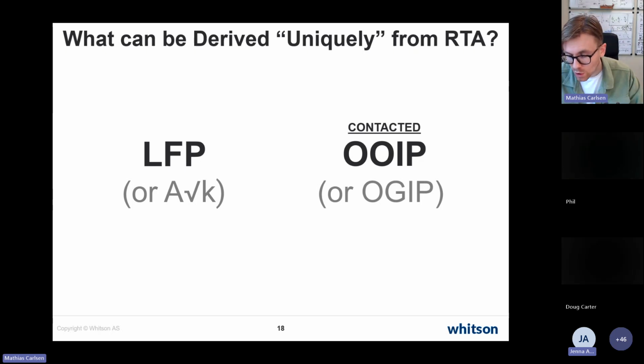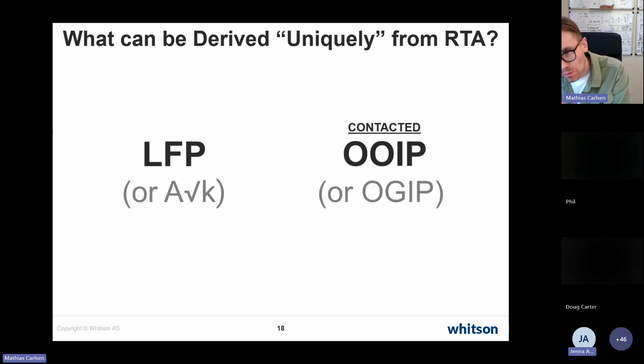Some people call it the contacted OGIP or the contacted oil in place. And this is important, if you guys are taking notes: the linear flow parameter, also called A root K, is correlating with short-term productivity. Think about it simply, it correlates with 3 months cum, year cum, etc. While the contacted pore volume is what correlates with EUR, okay?